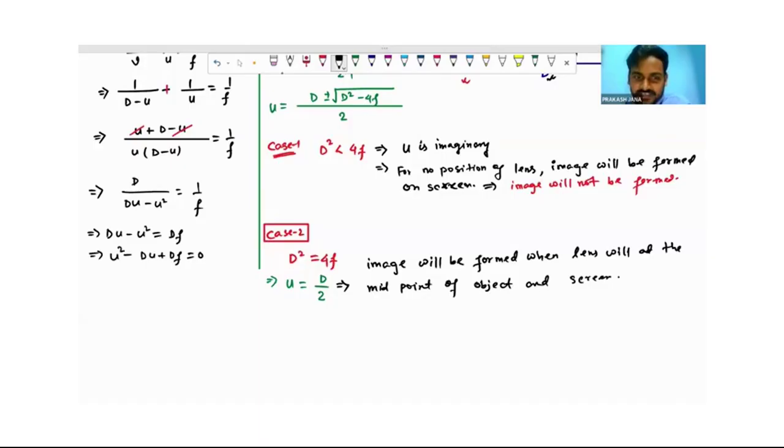Okay, or it is better to write sharp image, that is it will be focused. Sharp image will be formed when the lens will be at the midpoint of the object and the screen.